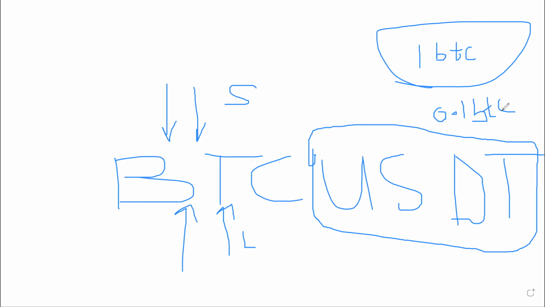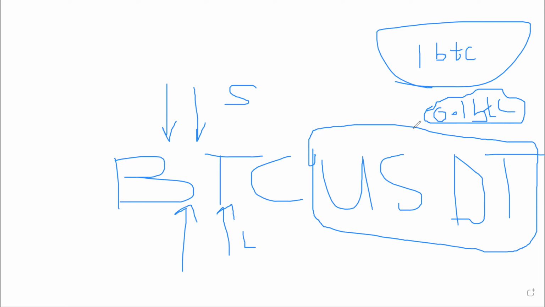So if one Bitcoin is 19,000, 0.1 Bitcoin is going to be 1,900 US dollars. So you'll need 1,900 USDT to open a 0.1 Bitcoin position size. That's the amount of Bitcoin you are betting on.